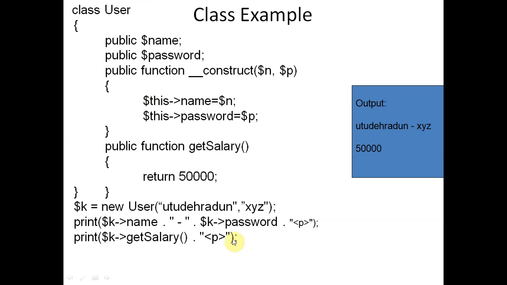It is a very simple program: we define the class, and outside the class we define the object of the class, and then the constructor is executed automatically, and then other functions. I hope you understand the concept of class and object in PHP. In the next class I will discuss the concept of inheritance.